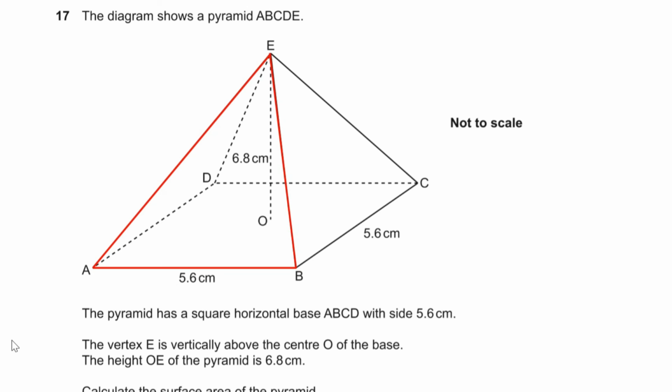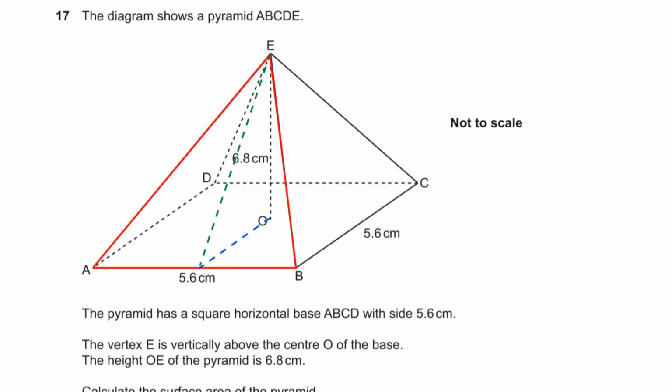What we need to do is find out the height of this triangle. Now here we can see an inner triangle. Now this green section here, if we find out what this is, this would be the height of the triangle shown in red.